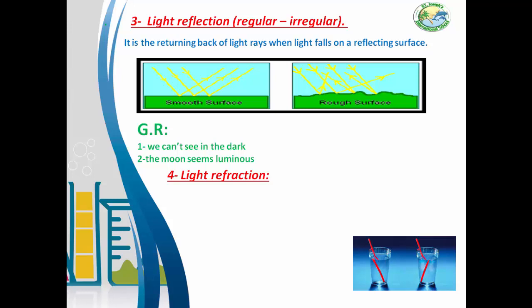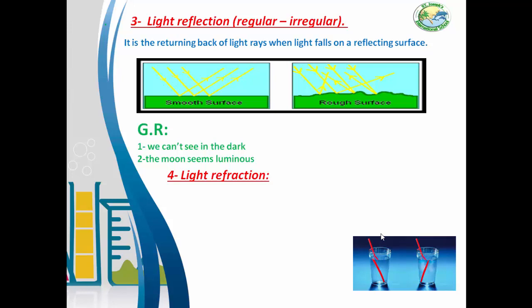Why does the pen appear broken when you put it in a transparent cup of water? This happens due to the change in the direction of light when it passes from one medium to another medium.